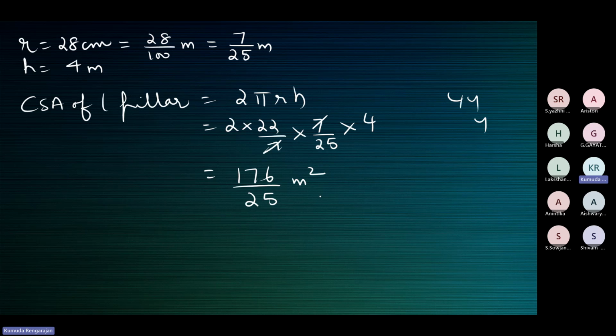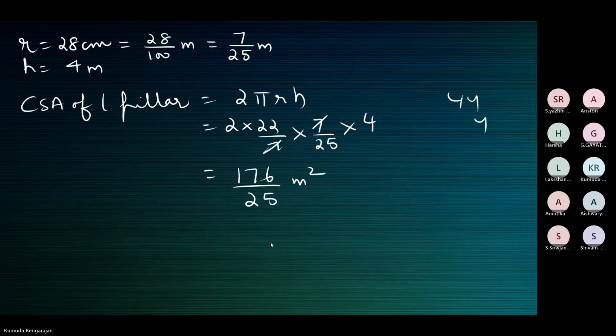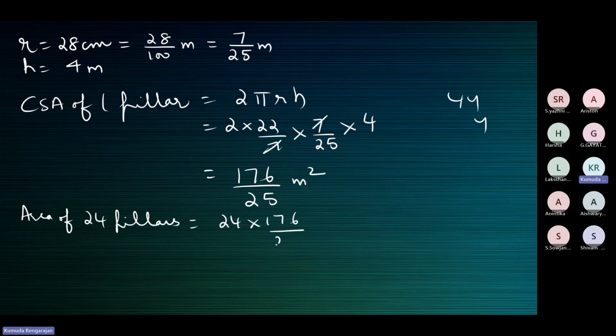This is the CSA of one pillar. So how many such pillars? 24 such pillars. So the area of all the 24 pillars is equal to 24 into 176 by 25 meters square.